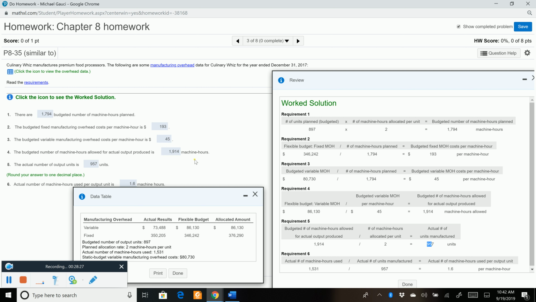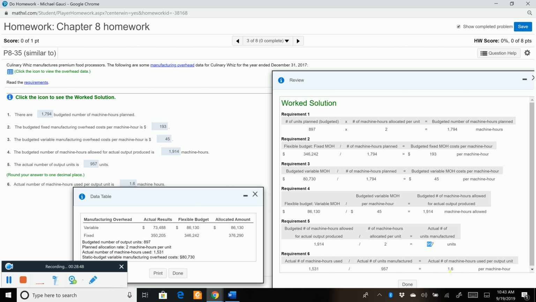And last but not least, number 6, the actual number of machine hours used per unit of output. Well, we have to look down here. The author told us, and I'm circling it, the actual number of machine hours used was 1,531, and we know we actually made 957 units.